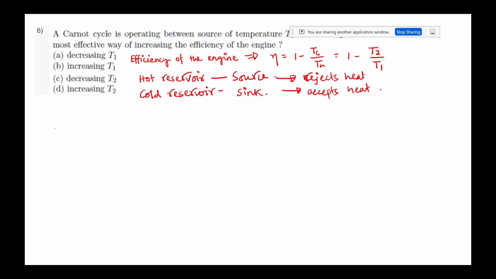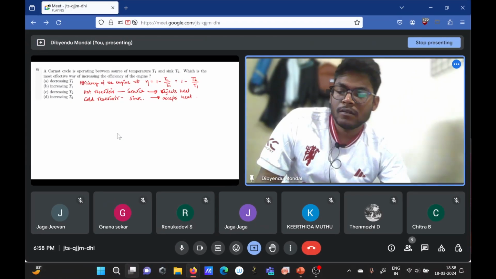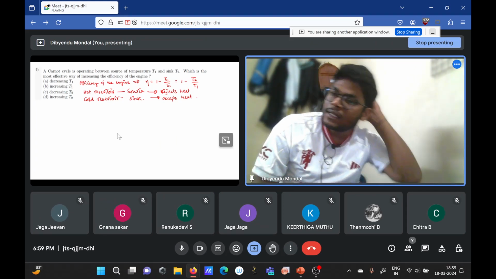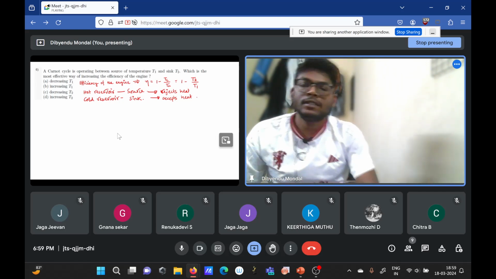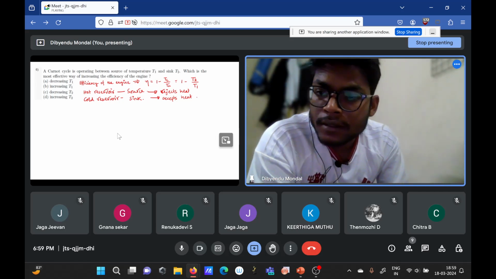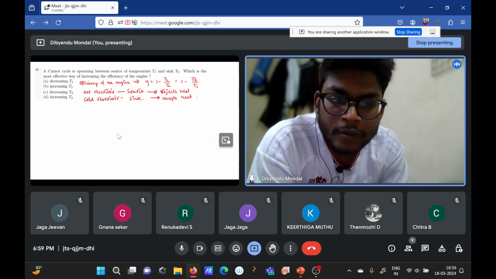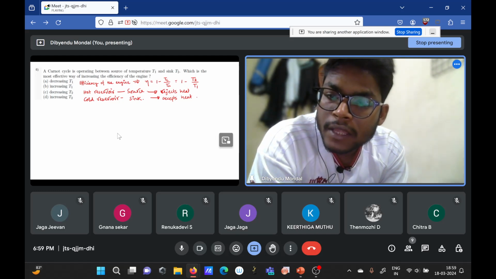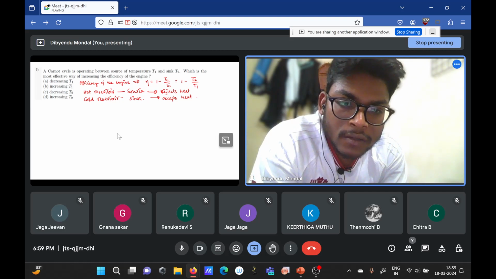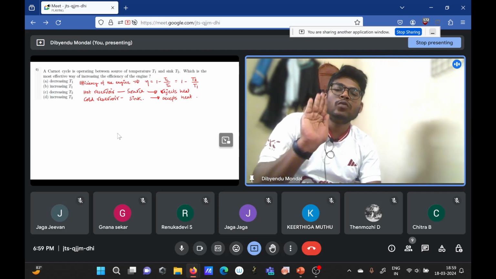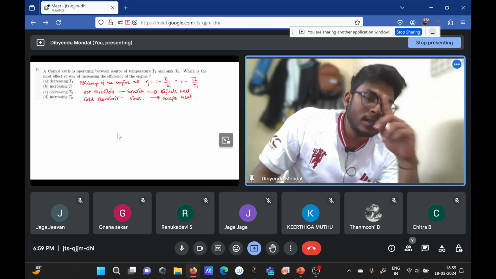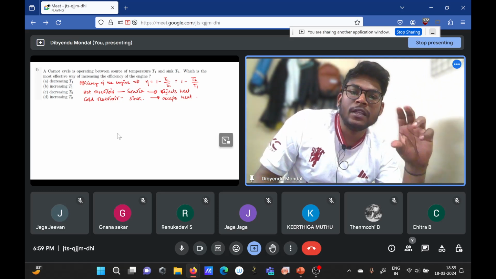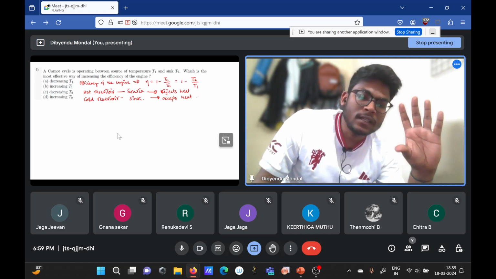Now what is your guess? In which case should the efficiency be more? If you decrease the sink temperature, or if you increase? First thing first, to get the efficiency higher, this quantity T2 by T1 should be decreased, right?